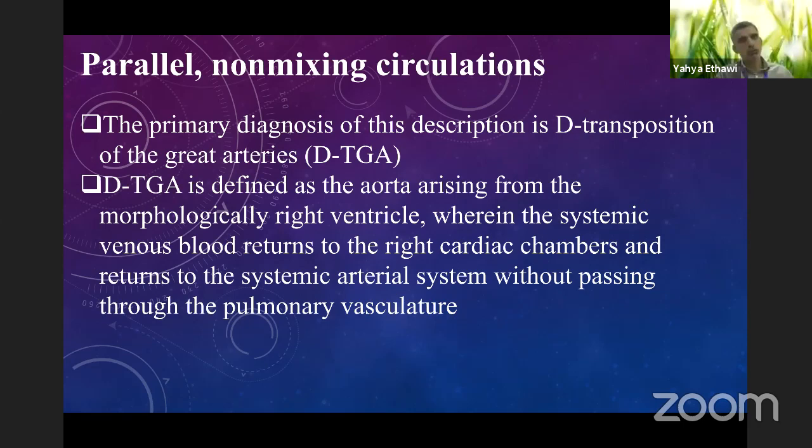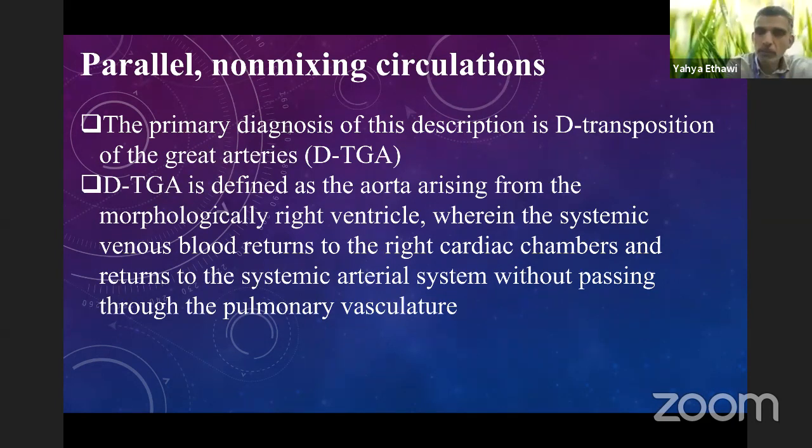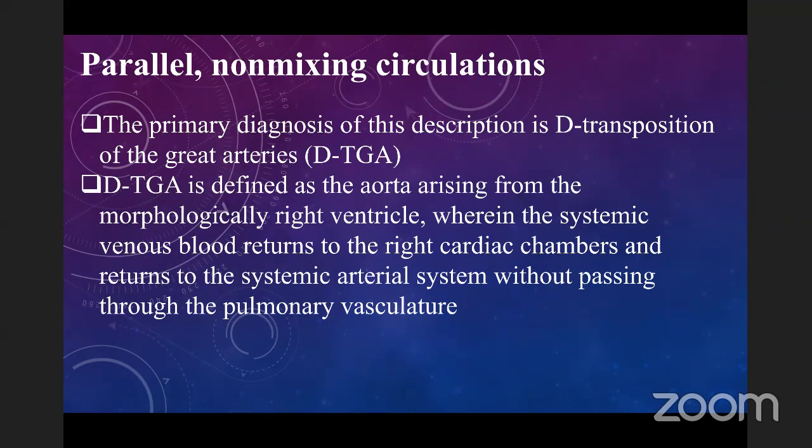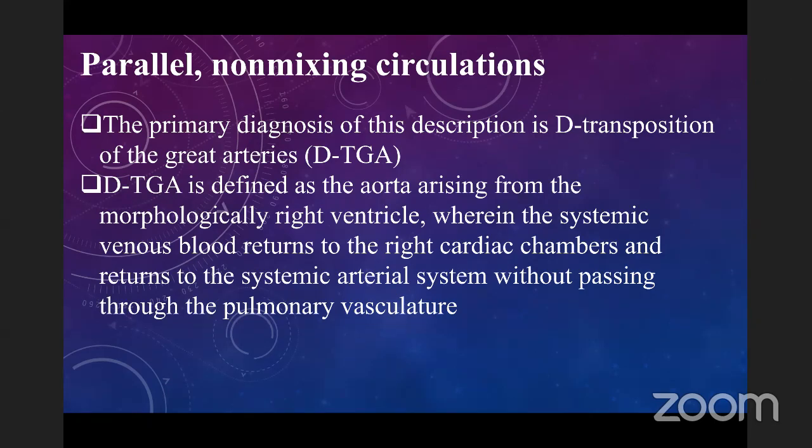Normally in the embryology there is looping. Let me make it more simple. You're correct, but remember D represents the right ventricle. That's what Ahmed meant. When we say D, it means the right ventricle is on the right, so it is normal de-looping: the right on the right and the left on the left.